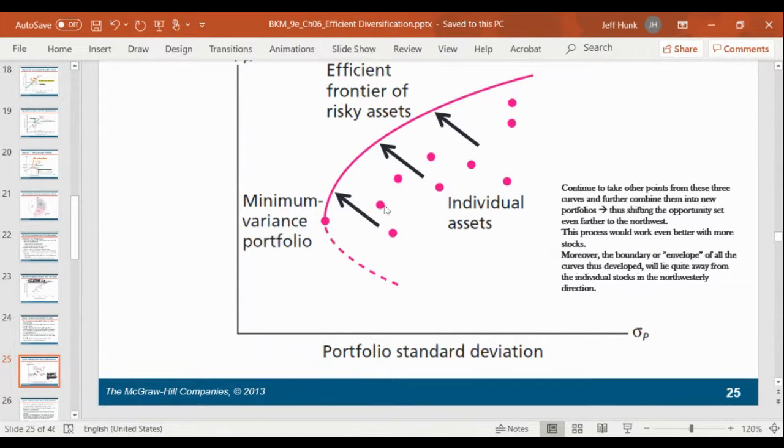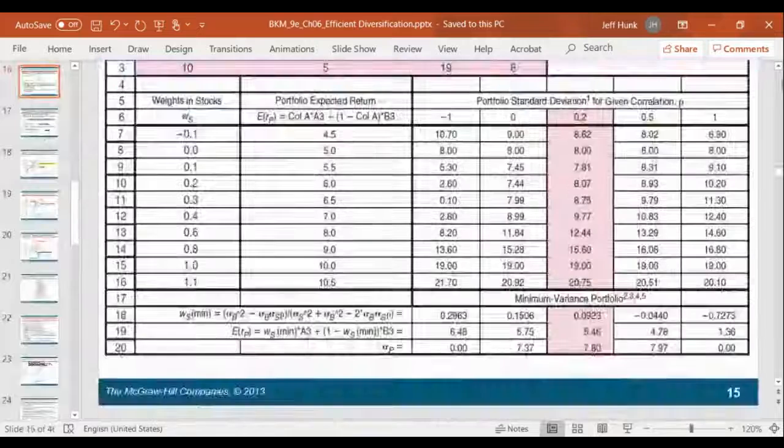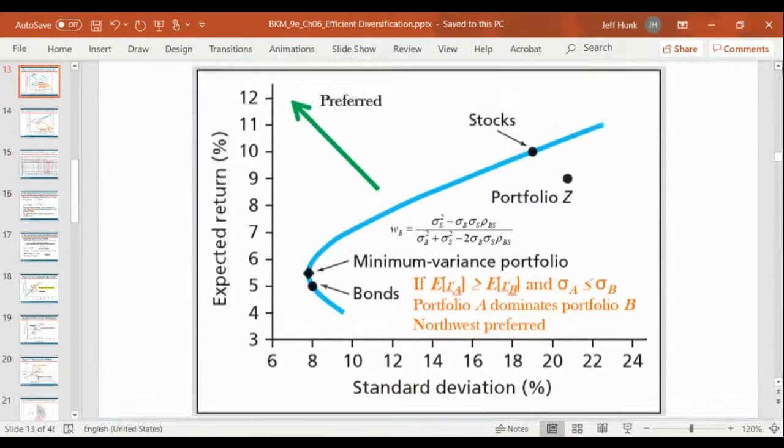That includes this point. I mean, without further explanation, you would understand what it means. Now, think about it. For the same variance, the more northwesterly, the return is higher, and for the same return, the more northwesterly, the variance is smaller. So it's preferred as the frontier moves to the northwest.